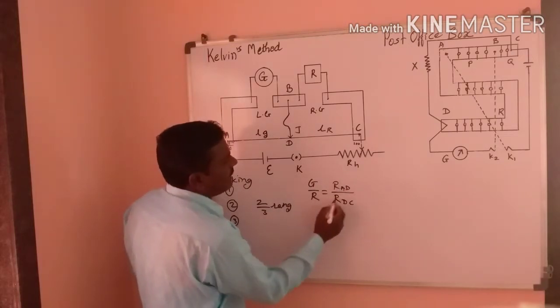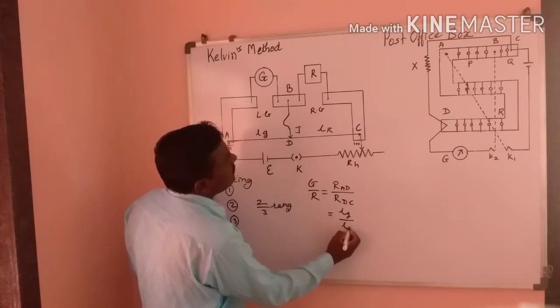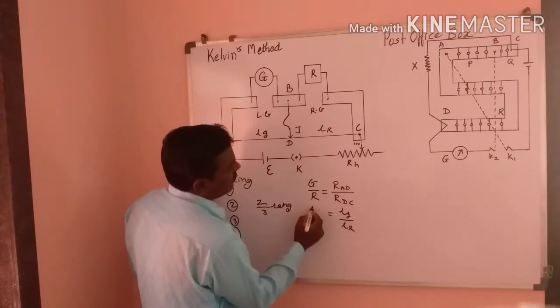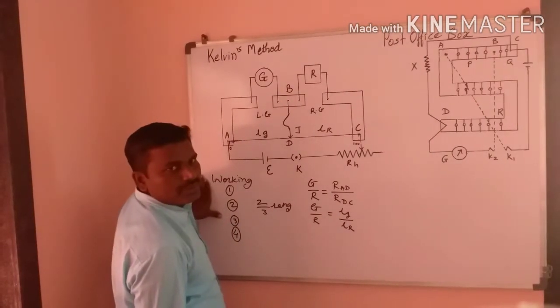Resistance of AD and DC is nothing but the length of galvanometer and length of known resistance. So we write here G upon R is equal to LG upon LR.